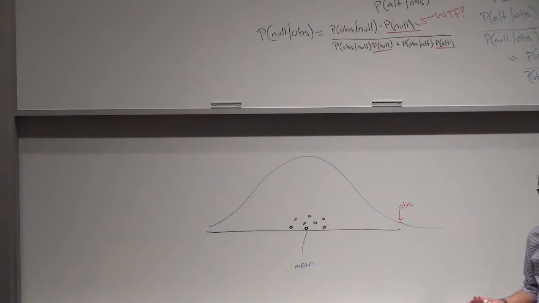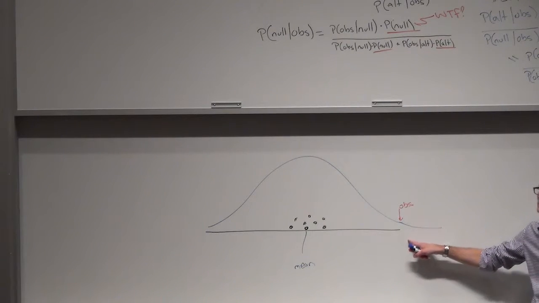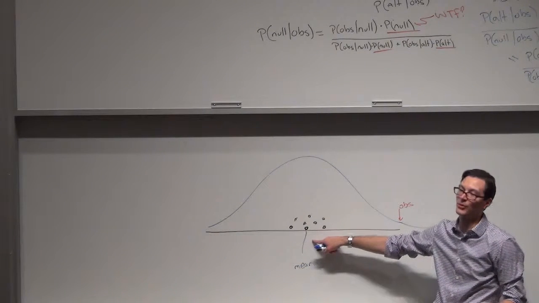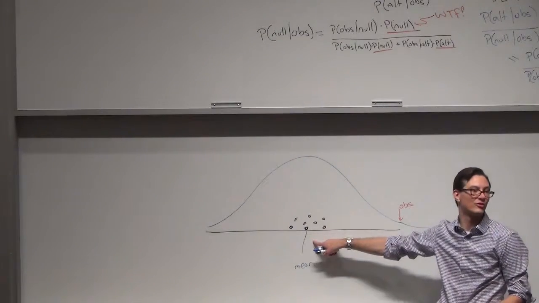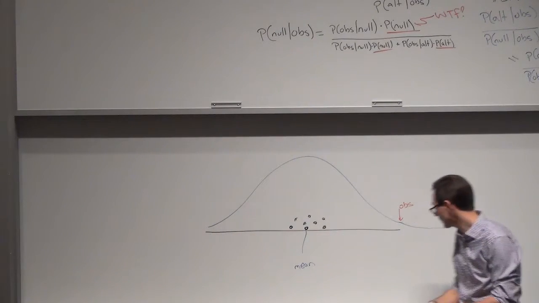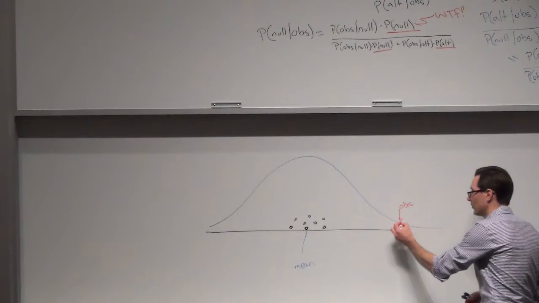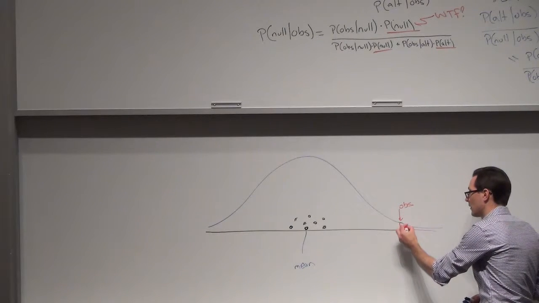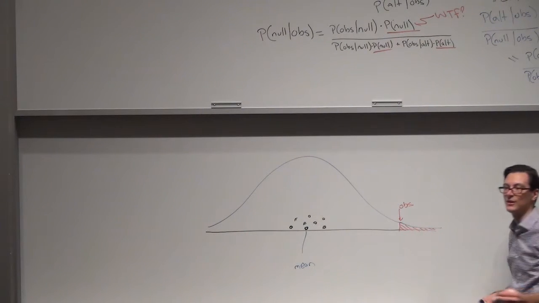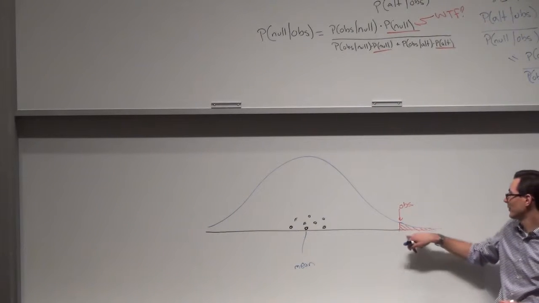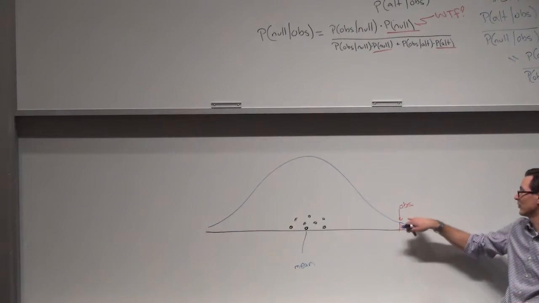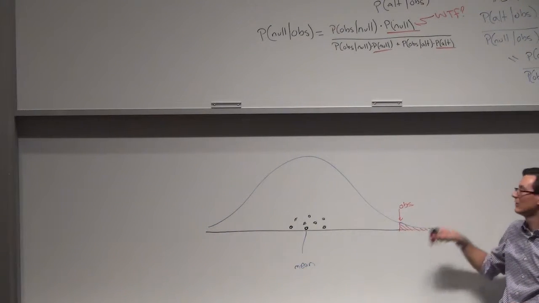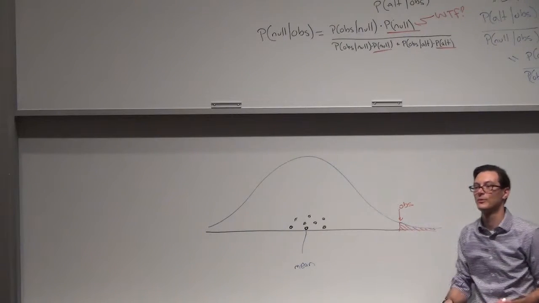So we want to know what's the probability of this observation given the null hypothesis that the perturbation was merely chance effects alone. So that's easy. This area here is the probability of an observation this big or bigger due to chance alone.